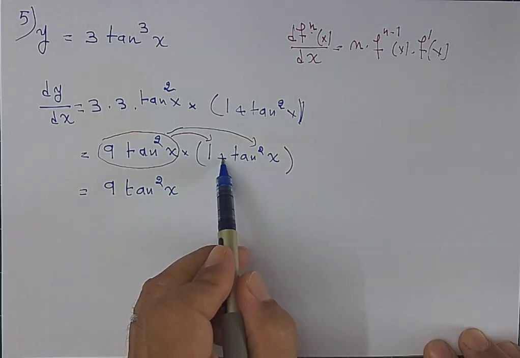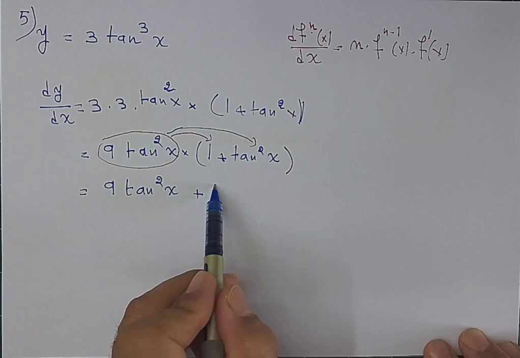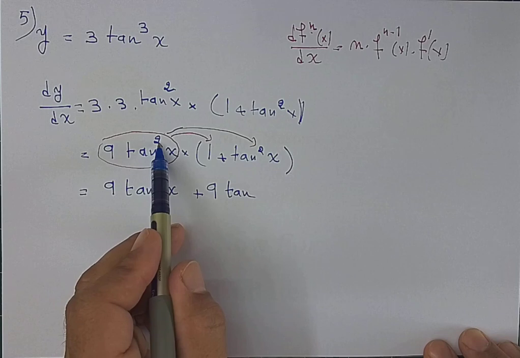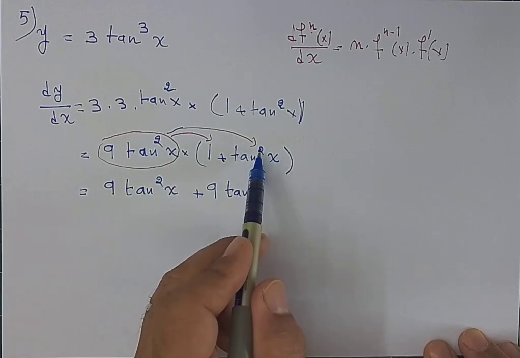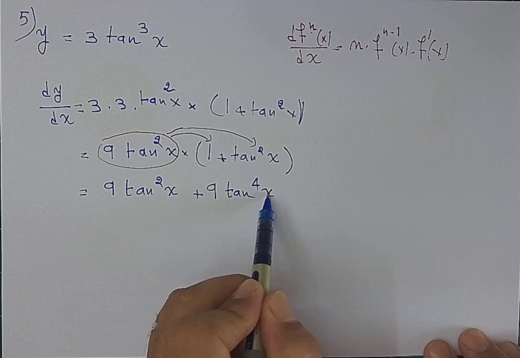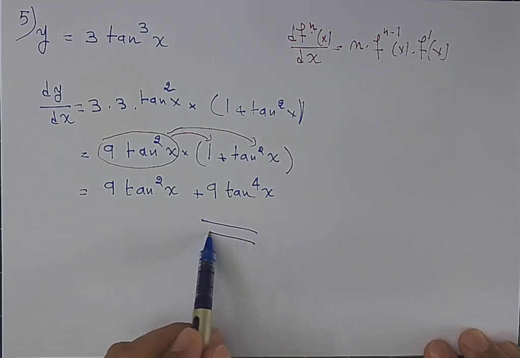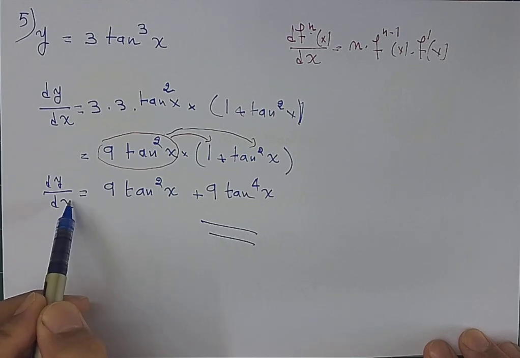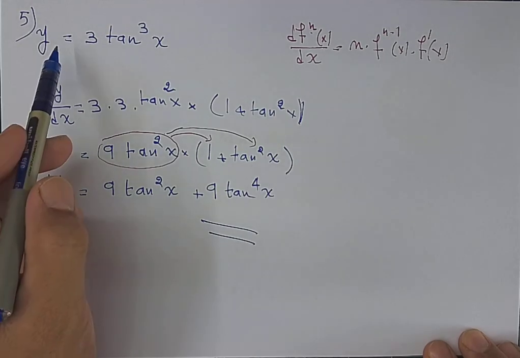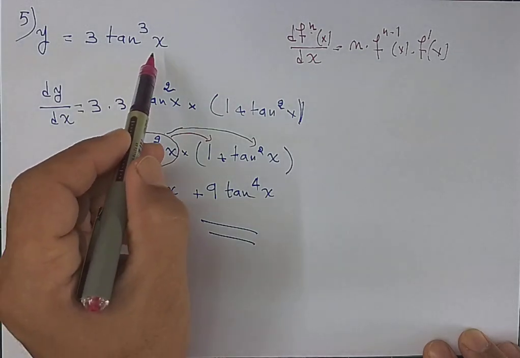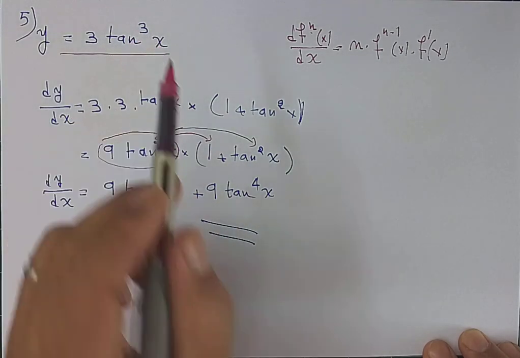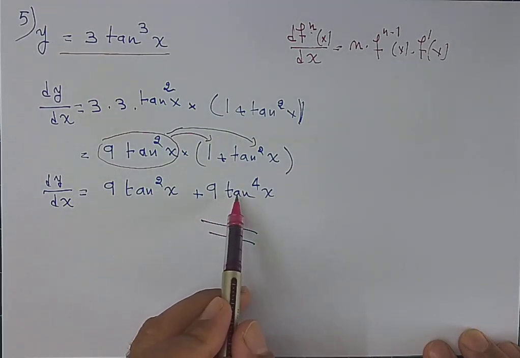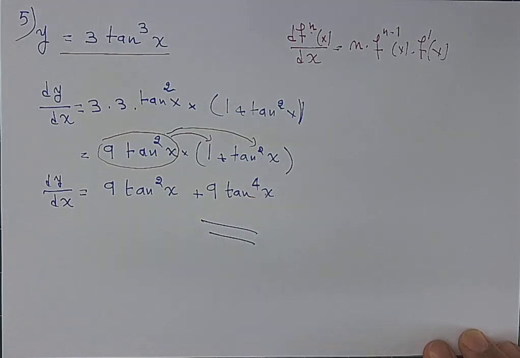After that, positive, plus 9 tan, and instead of writing 2, it will be 2 plus 2 equals 4, so tan to the power 4 x. So I get the first derivative of this function: the derivative of 3 tan cube x equals 9 tan square x plus 9 tan to the power 4 x.